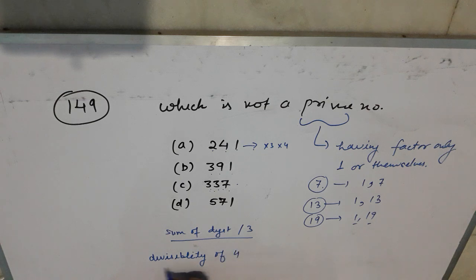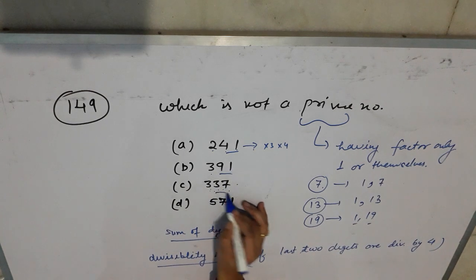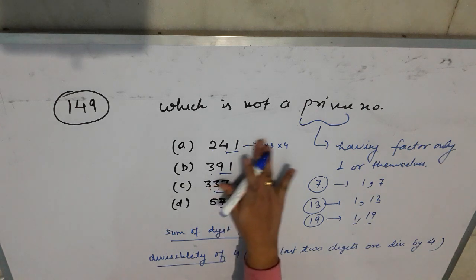For divisibility by 4, you check whether the last two digits are divisible by 4, then that number will be divisible by 4. Here it is 41, 91, 37, 71. So none is divisible by 4.